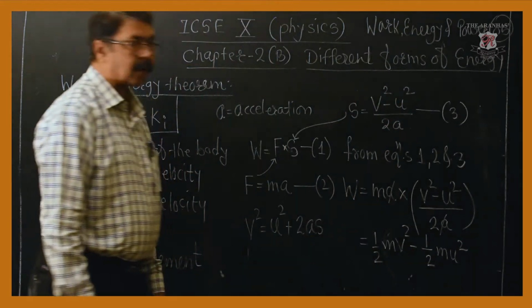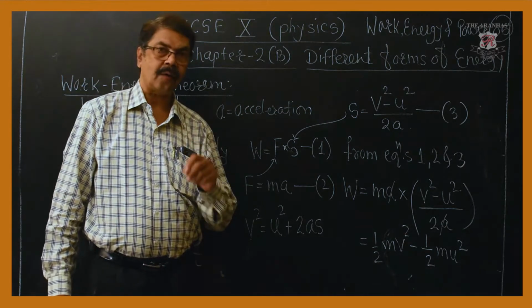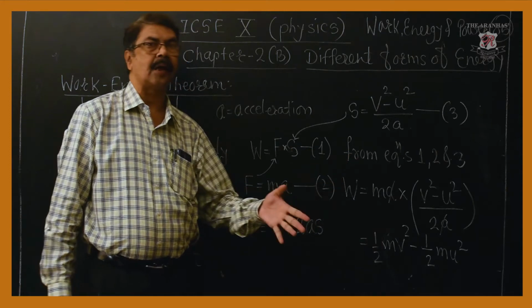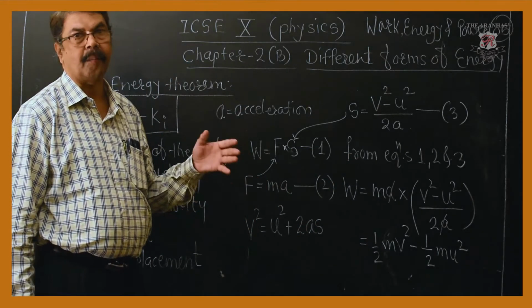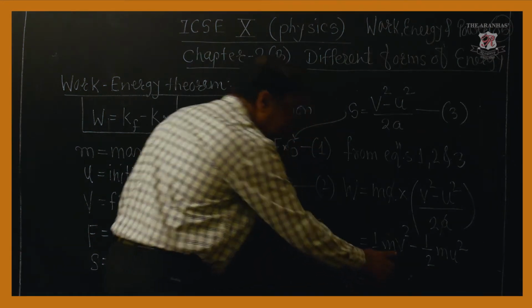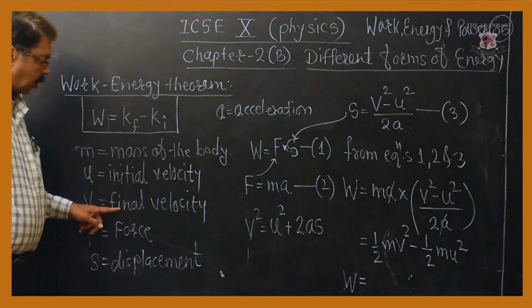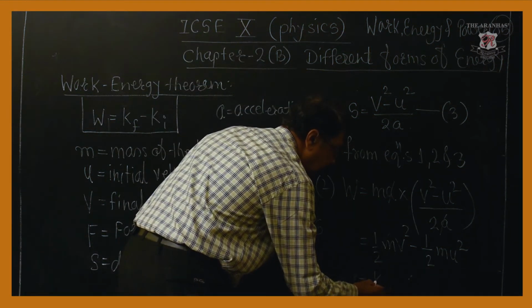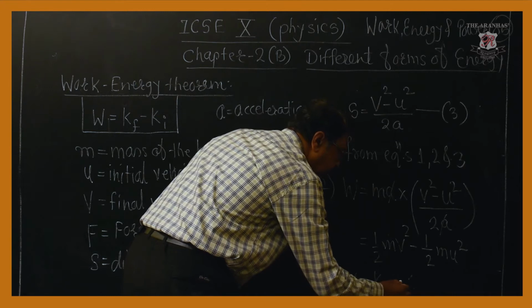In the previous part, we have studied that the equation for kinetic energy is half mv square, where v stands for the speed, m stands for the mass of the body. So work done, what is this? v is the final velocity, so half mv square represents the final kinetic energy Kf.